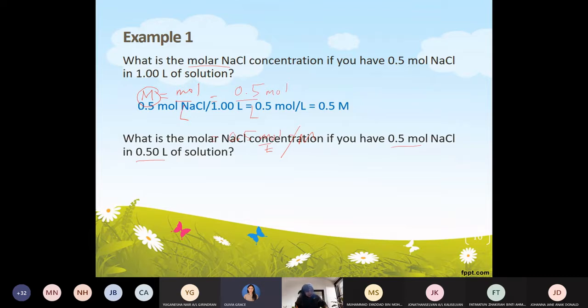Bukan divide saja kan doktor? Yes, divide saja. Apa yang divide saja tu? 0.5 mol divide by 0.5 liter. Okay, dapat? Yes, then we get 1 molar, 1 mol per liter. Okay, betul.